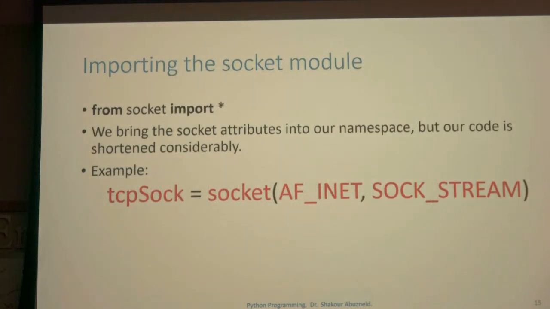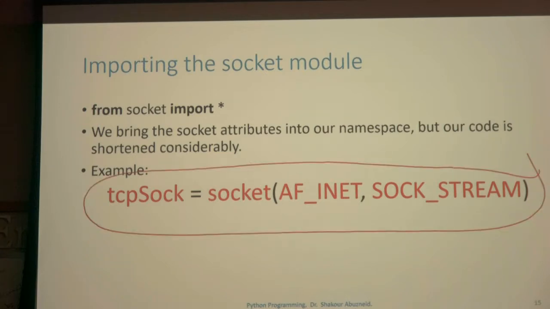Basically, we're going to use from socket import everything, or put an asterisk. A good example: socket, and the two parameters passed are the socket family and then the type, which is TCP. And it will return some value.